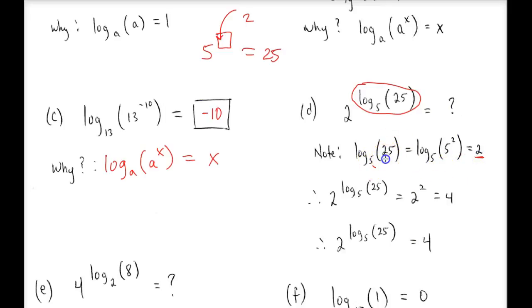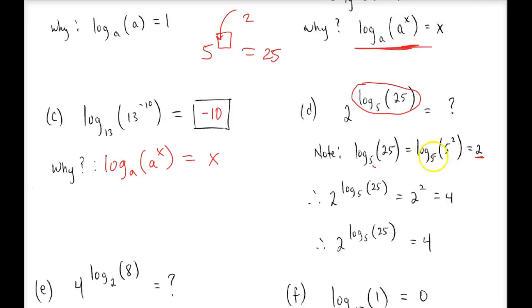If we remember that 25 is just 5 squared, and then use property 7 to pull that out, and then just say 5 times log base 5 of 5 is 1, which ends up being 5. We can do it that way. Or an easier way to do it is just to come up here and remember that log base a of a raised to the x is just x.